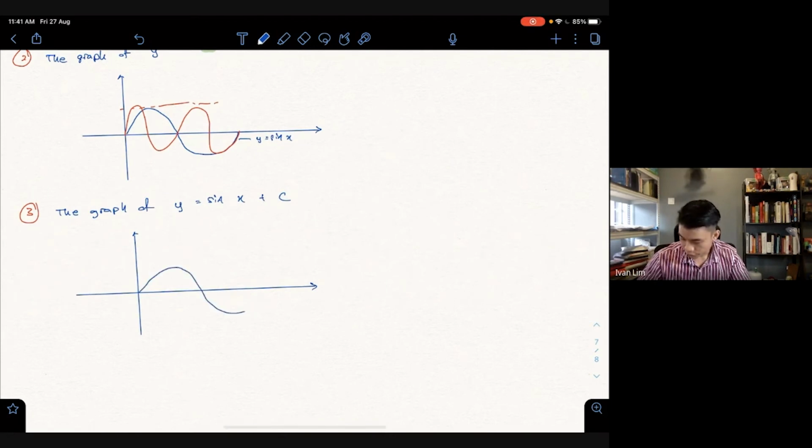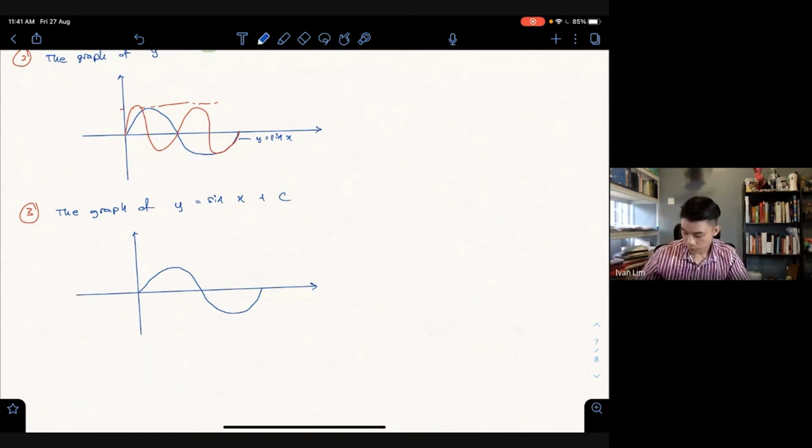Draw your original one first, so draw a y equals sine x graph. And then if you see, your entire graph is shifted up by 1.